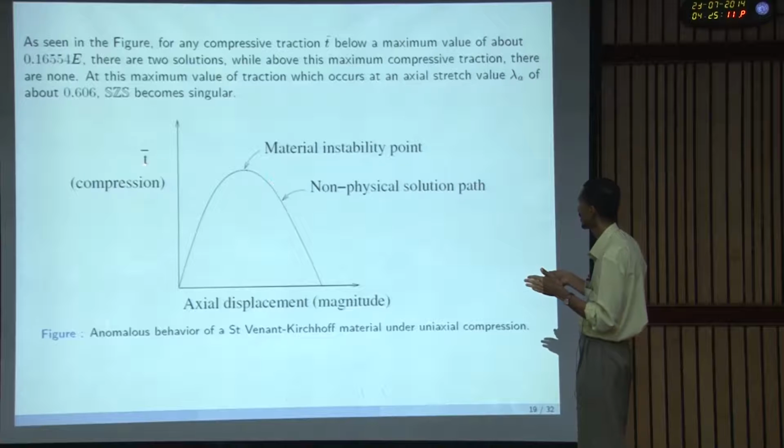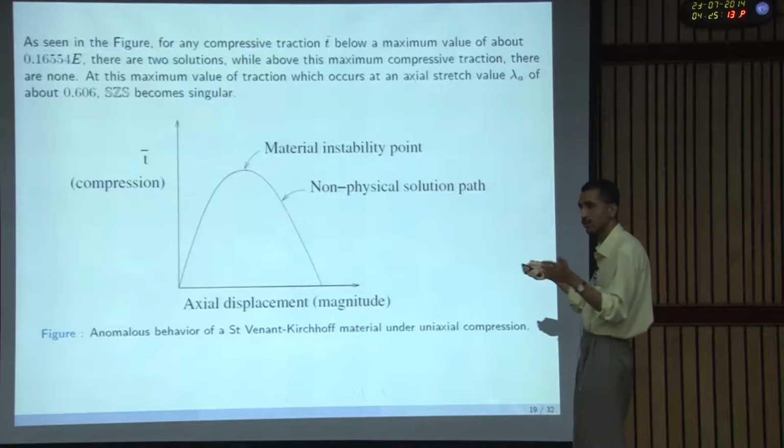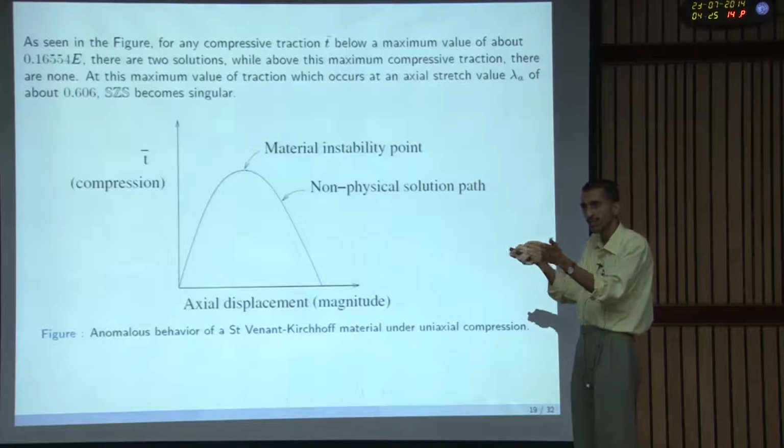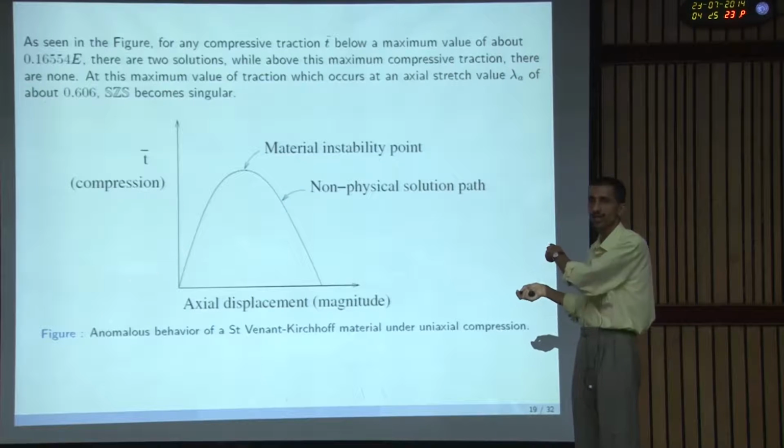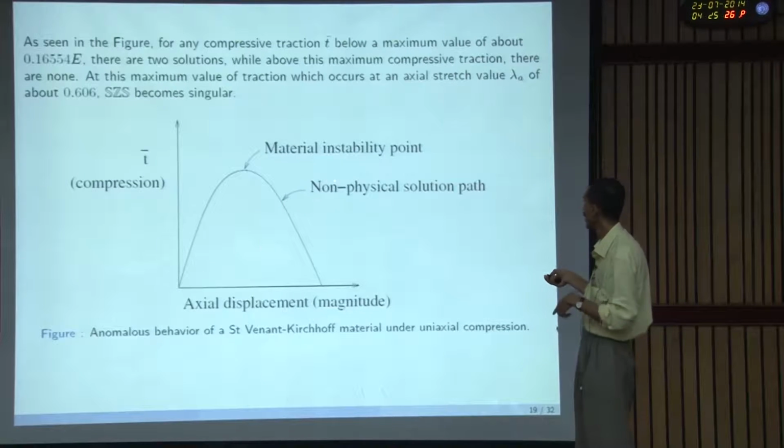Then the traction suddenly reduces, while the axial displacement, that means the compressive displacement, keeps on increasing. So this is one specific example, and this path is a non-physical solution path.